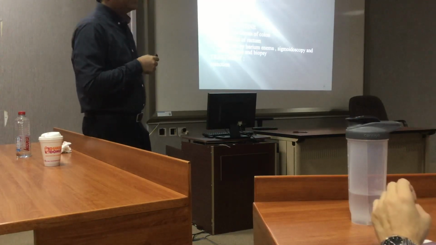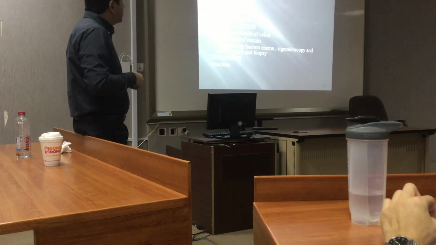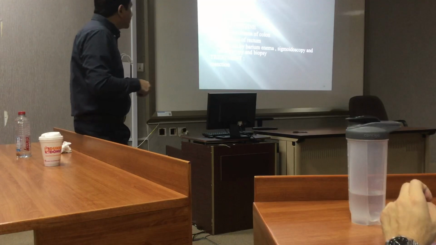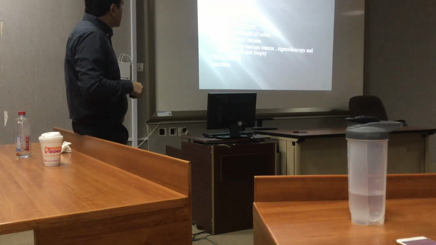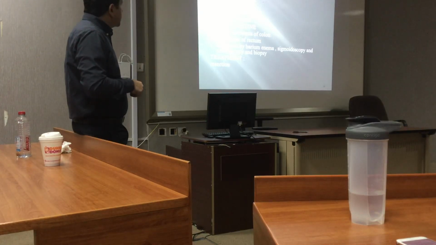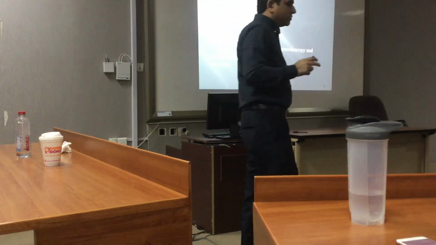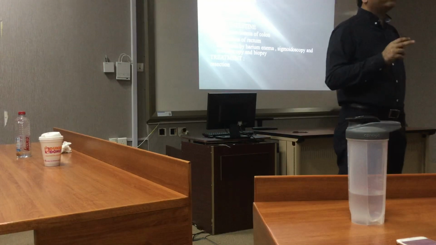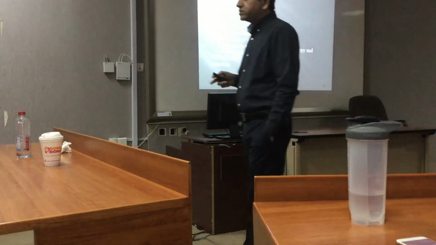Tumors of the intestine. Patients may present with bleeding. Tumors of the small intestine include lymphomas, carcinomas, and carcinoid tumors. Tumors of the large intestine are adenocarcinoma of the colon and carcinoma of the rectum. Frankly speaking, tumors of the small intestine are very, very rare. In my practice, I have not seen a single case.